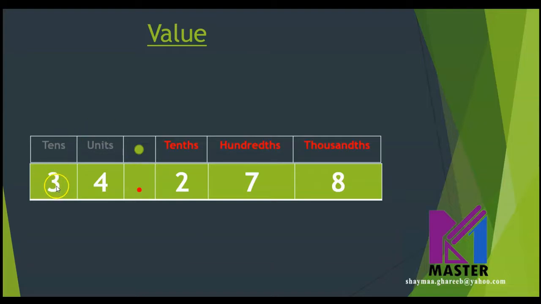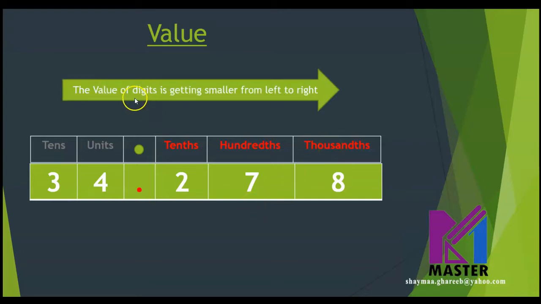This 3 is in the tens place, the 4 is in the units or the ones place, then we have the decimal point, then this 2 in the tenths place, and the 7 in the hundredths place, and the 8 in the thousandths place. So as we know, the value of digits is getting smaller from left to right.